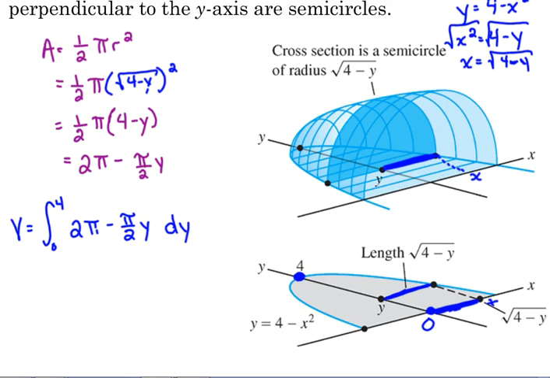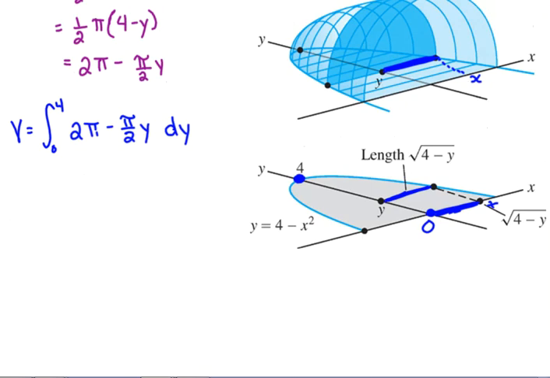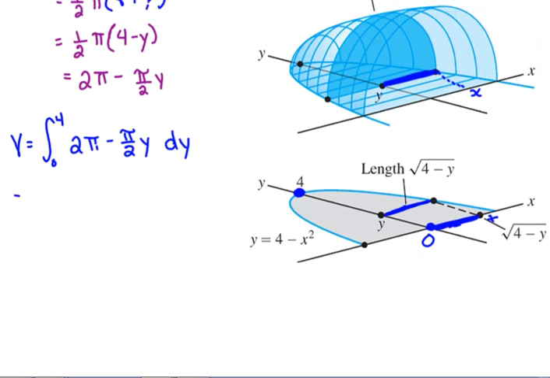And this one is with respect to y. Our variable is y, our limits are y values. Now, it doesn't really change the way you integrate, except you're supposed to use a y instead of an x.